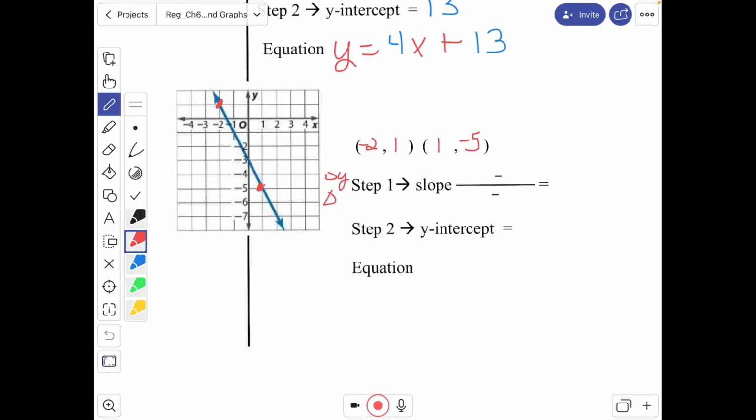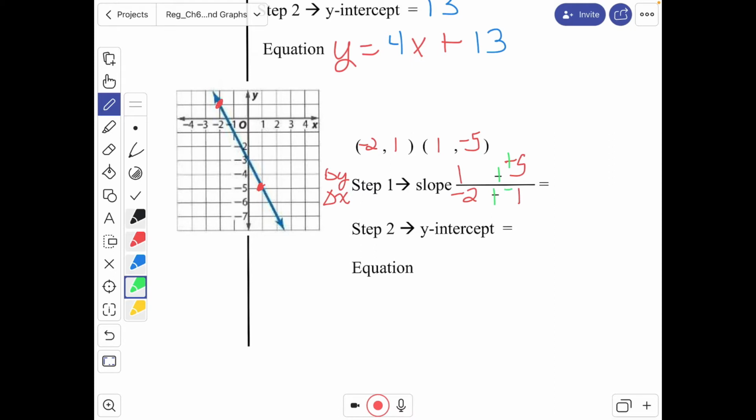Slope is change of y over change of x. So the y's go on top. So 1 minus -5. And the x that went with 1 is -2. And the x that went with -5 is 1. Then we have to remember those integer rules. Keep, change, change.